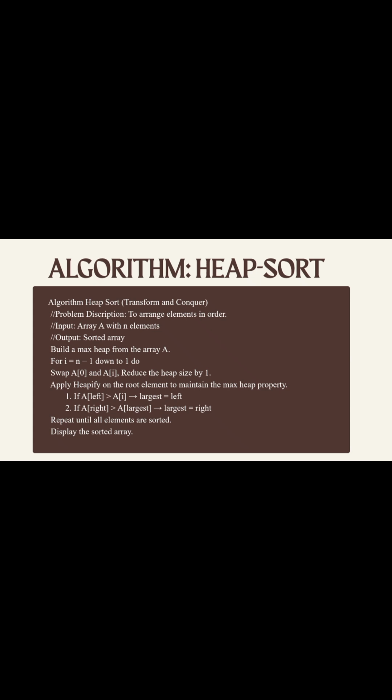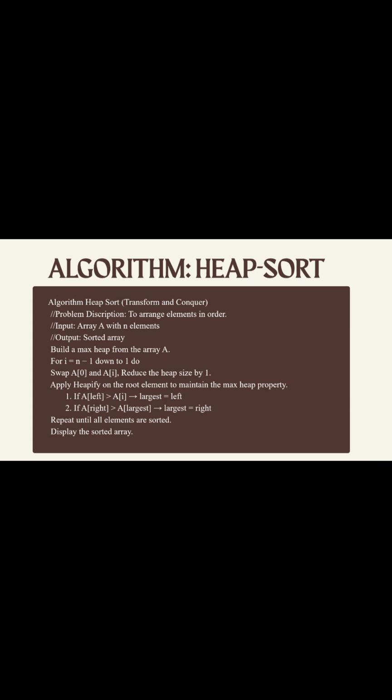Reduce heap size: after swapping, reduce the size of the heap by 1 because the last element is now in its correct position. Heapify: apply heapify operation on the root element to maintain the max heap property. Repeat this process of swapping and heapifying until the heap size becomes 1. Finally, the array becomes sorted in ascending order.